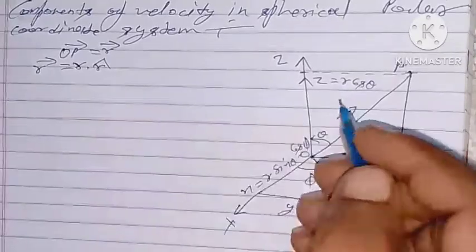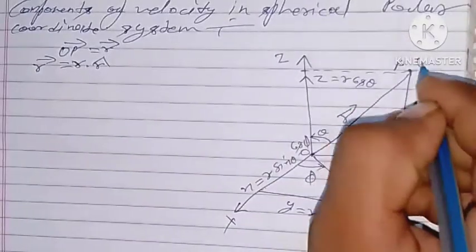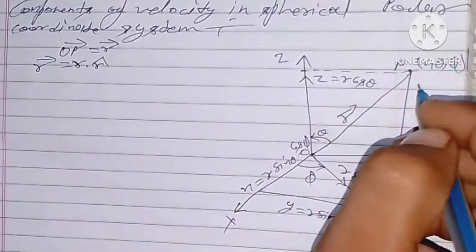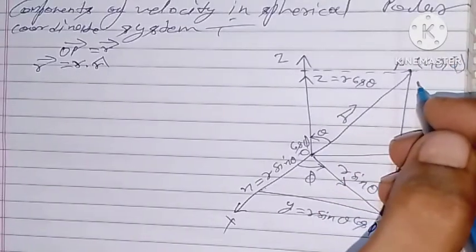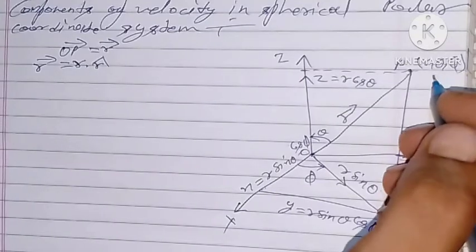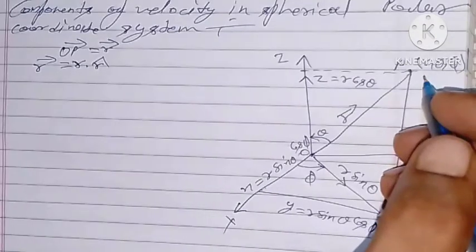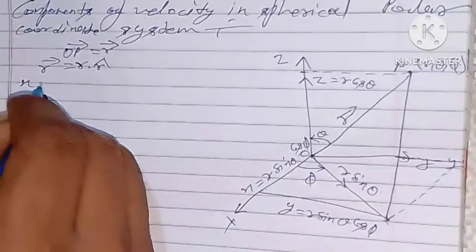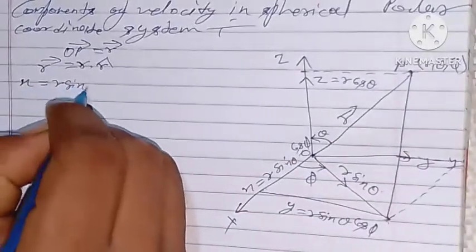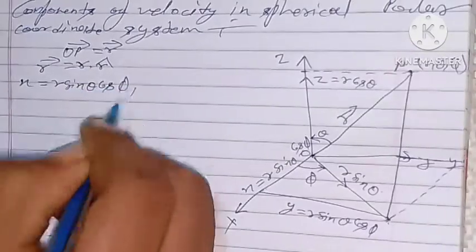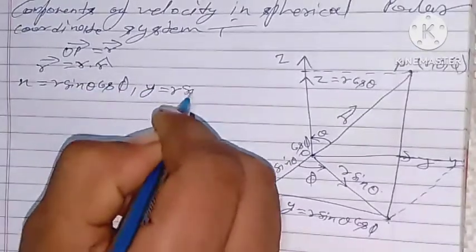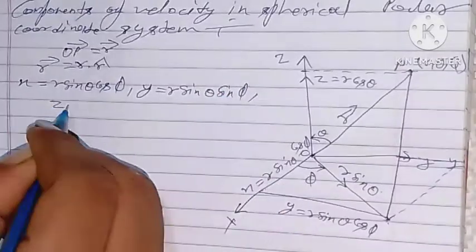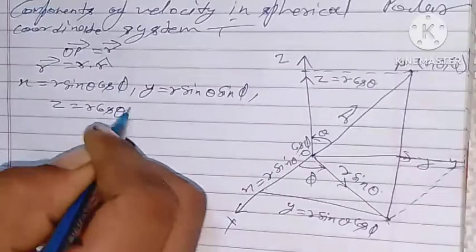If r, theta, phi are the polar coordinates of the particle P at any instant, and x, y, z the corresponding Cartesian coordinates, then x equals r sin theta cos phi, y equals r sin theta sin phi, z equals r cos theta.